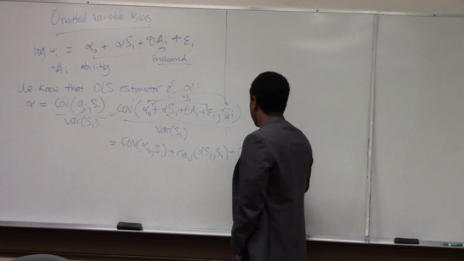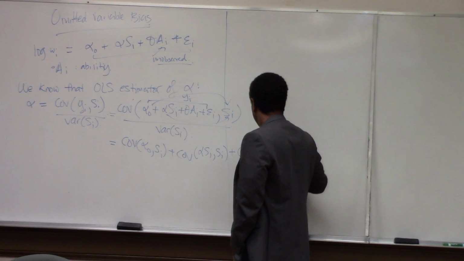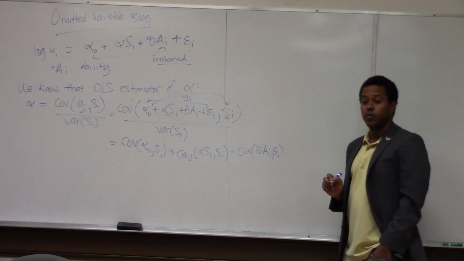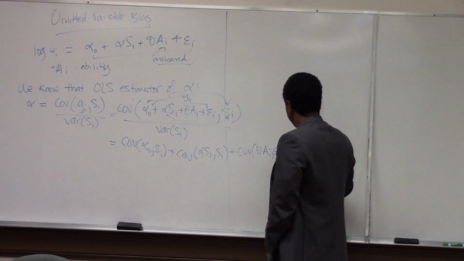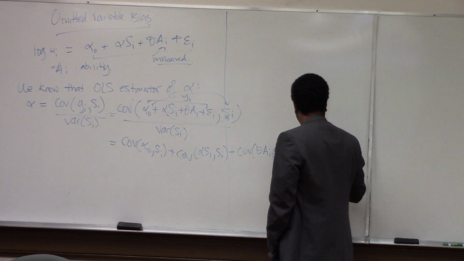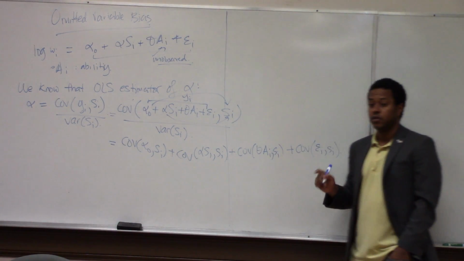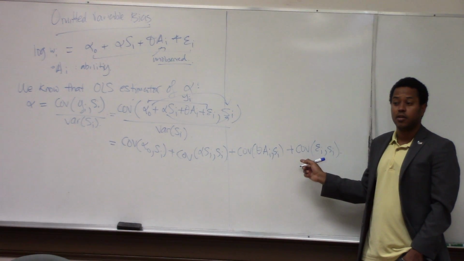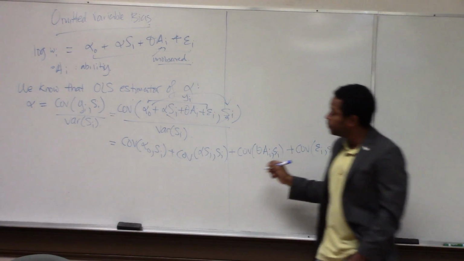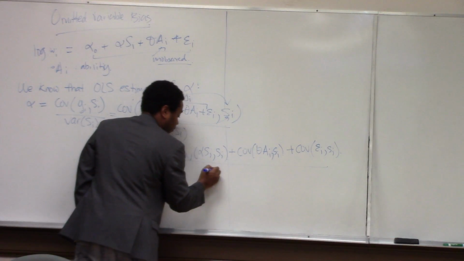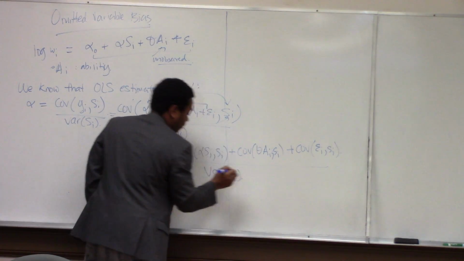Plus the covariance of beta a_i with s_i, plus the covariance of epsilon_i with s_i. Everyone sees this here. We just wrote this out. Who does not follow this? Okay. And then this is divided by the variance of s_i.